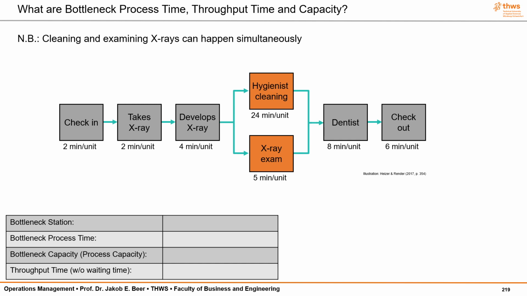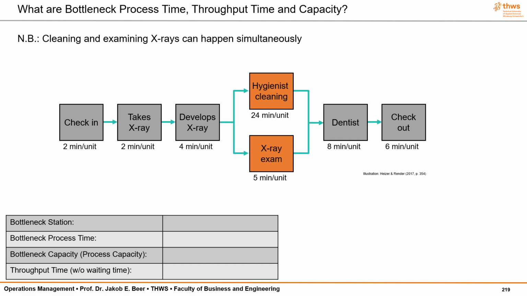Now, in order to calculate the throughput time, the total process time without the waiting time of the process, you have to go through each path that is available, and then you have to identify the path that takes the longest. So in this example, the path that goes through hygienist cleaning takes the longest because that process step takes 24 minutes, whereas the examination of the X-ray takes only 5 minutes.